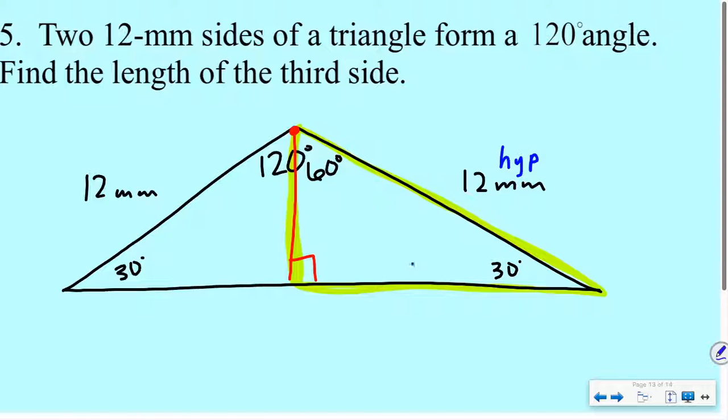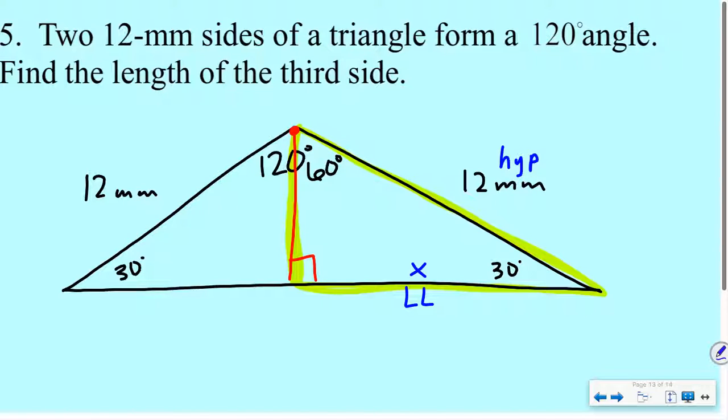Remember, we're trying to find the whole bottom length down here. So I'll just call this X. Is that my long leg or my short leg? It's my long leg, right? Because it's opposite of the 60. Does one of our rules go hypotenuse to long leg?